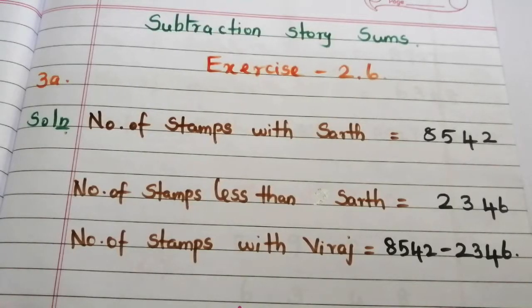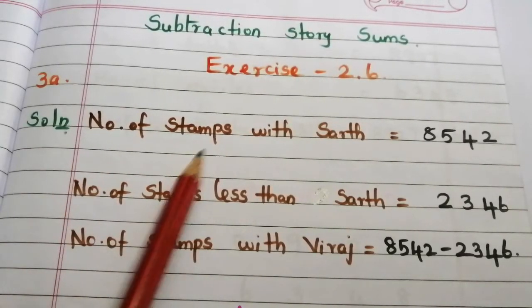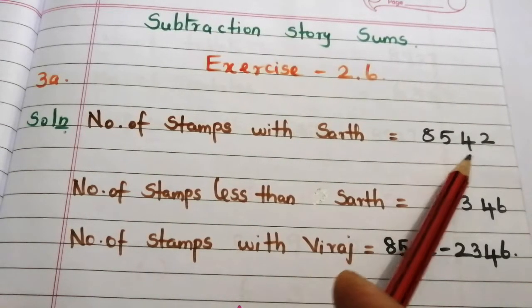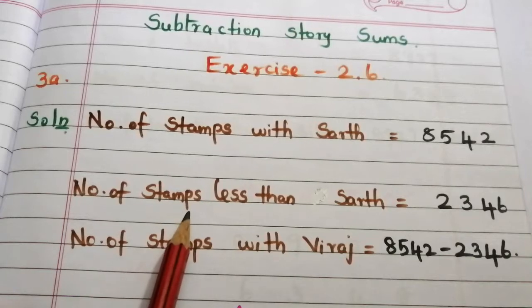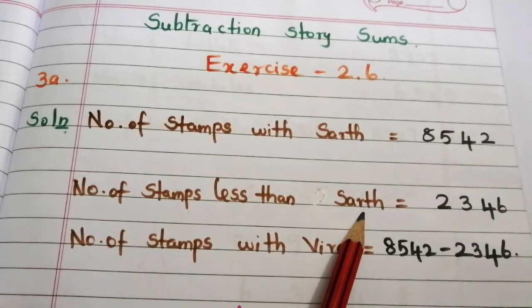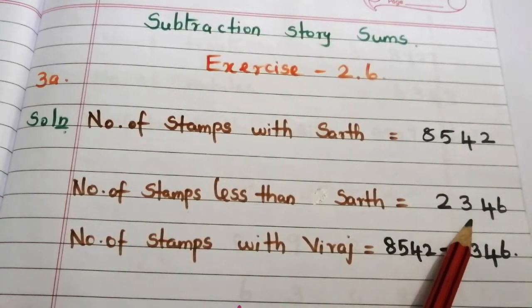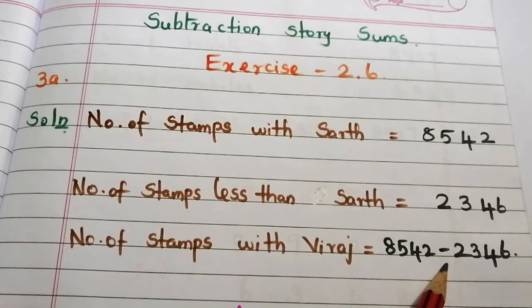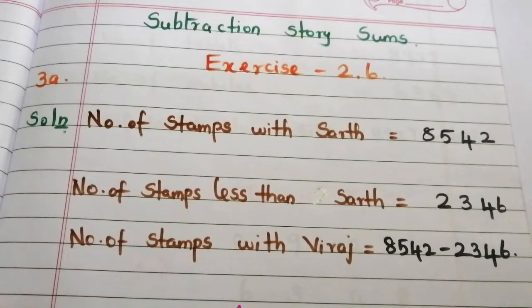So in the solution part, our first statement is number of stamps with Sarth equal to 8,542. Number of stamps less than Sarth equal to 2,346. Therefore, number of stamps with Viraj is equal to 8,542 minus 2,346.